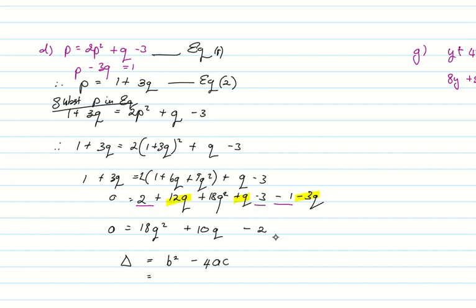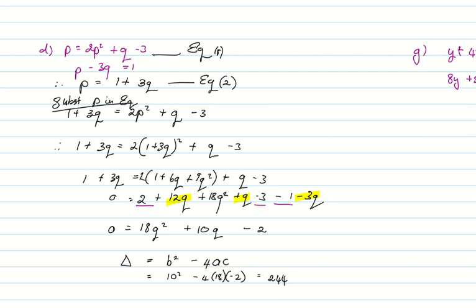Right, so I'm going to do the substitution. That's going to be 10 squared minus 4 times 18 times negative 2. What is the answer there? It's 244.